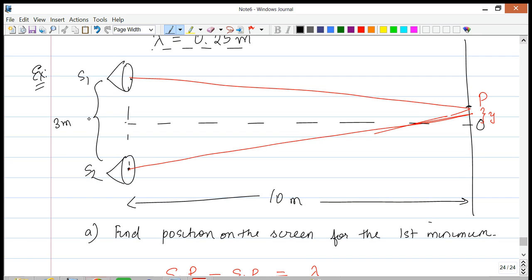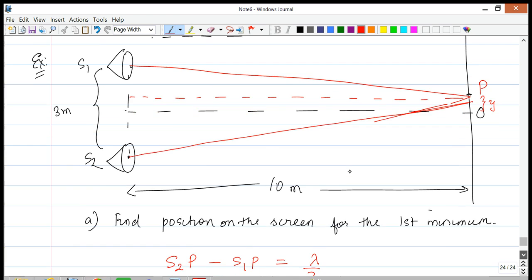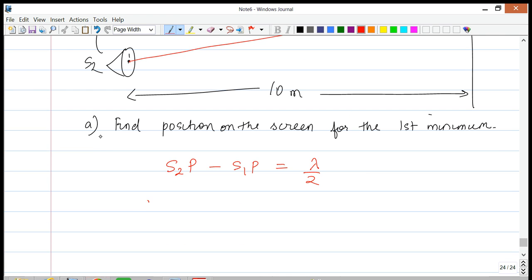Now if we were to draw the triangle for S1p, this is basically the triangle that we'd have. The one side is going to be 1.5 minus y. So let me write S1p.